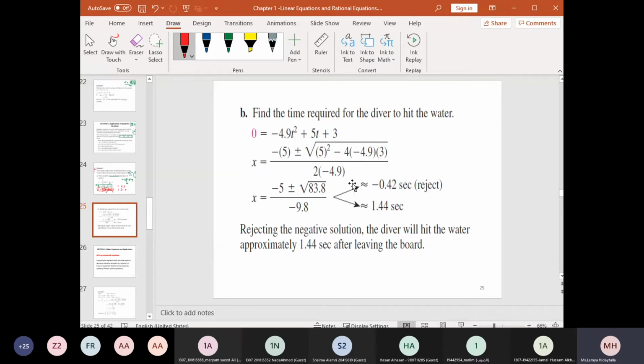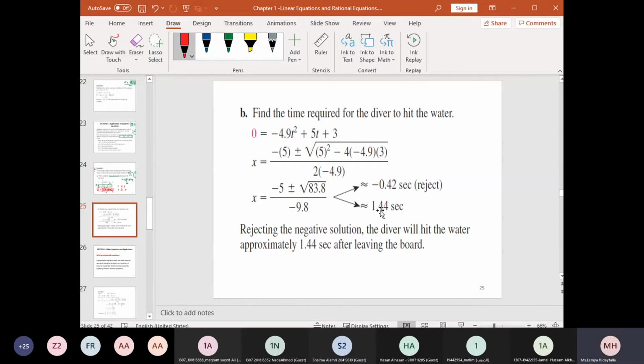After making the calculation, you're going to get, instead of x, t, the time, t either minus 4.2, which is rejected because the time should always be a positive quantity. So we will take this solution, which is 1.44 second. That means he will reach the water, or the surface of the water, after 1.44 second.